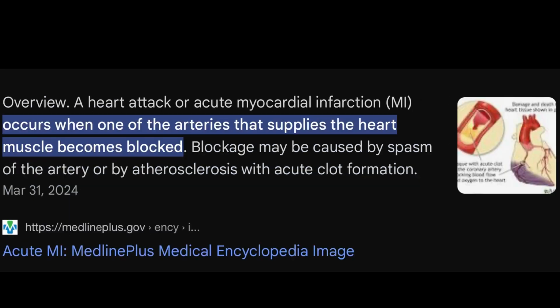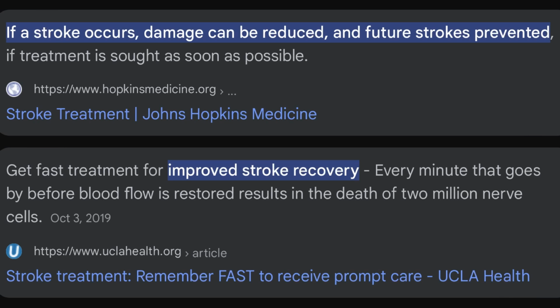So alteplase, reteplase, and tenecteplase are all really for MIs. General precaution: they need to be started within 30 minutes of the patient's arrival to the hospital.